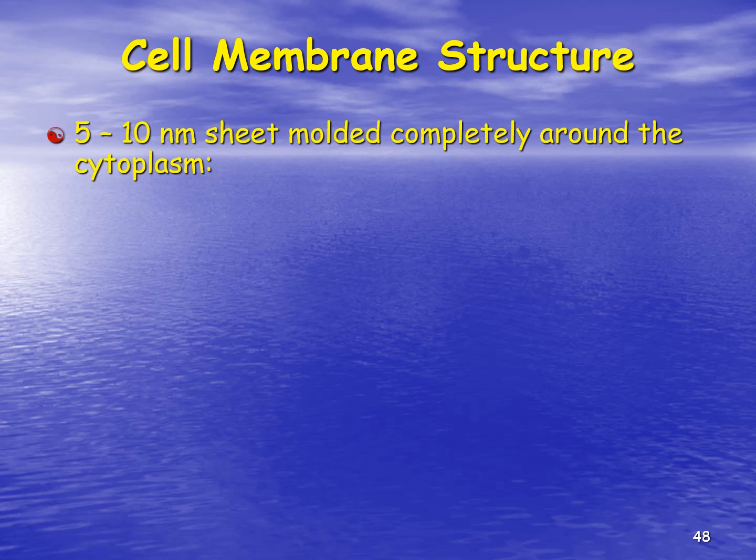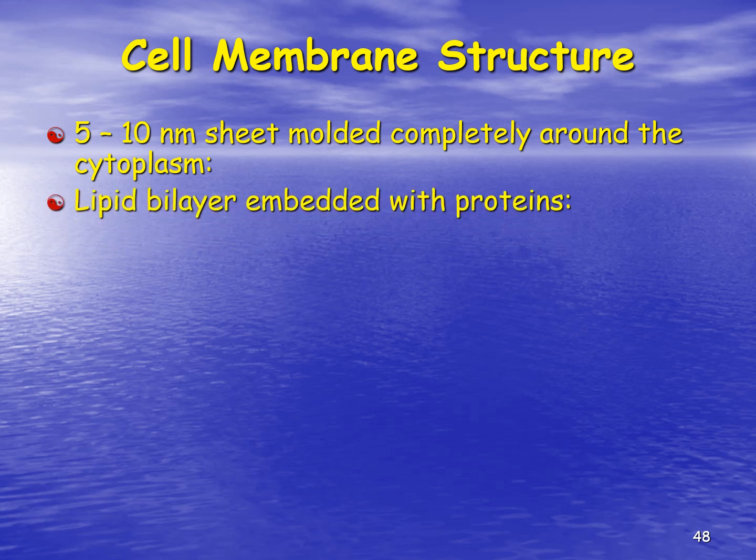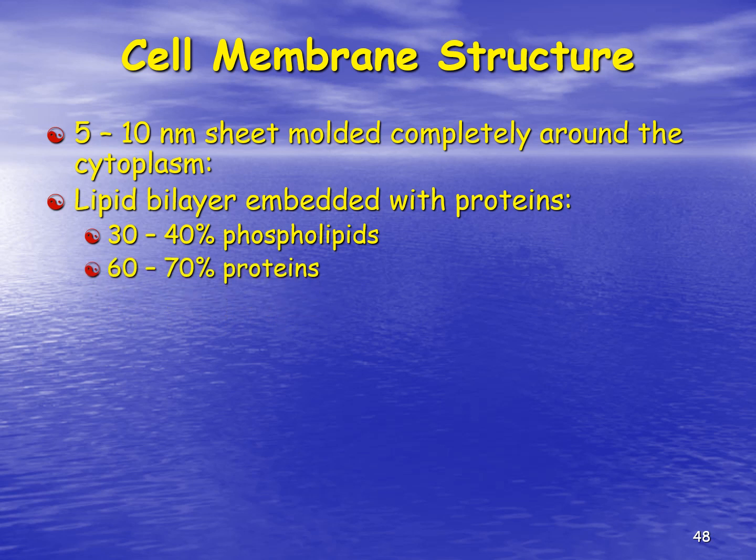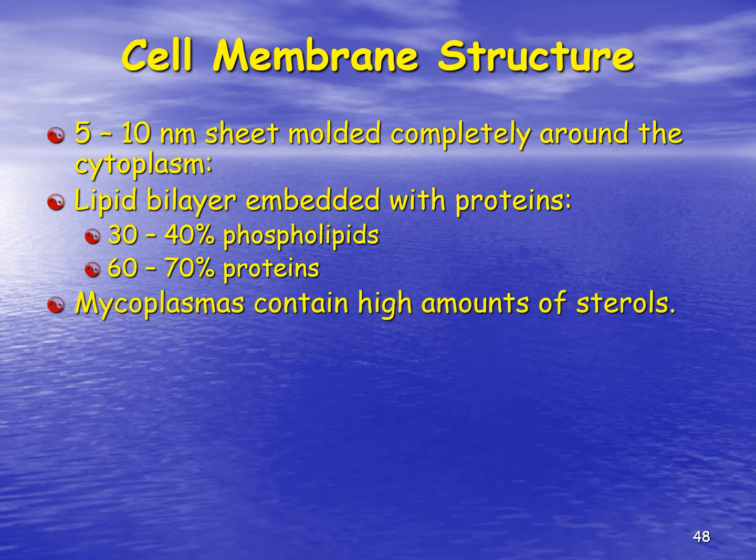The cell membrane itself is very similar to the eukaryotic cell membrane. About a 5 to 10 nanometer sheet molded completely around the cytoplasm, made up of the bilayer of phospholipids that have then proteins embedded. About 30 to 40% of the entire cell membrane is made up of the bilayer phospholipids, and another 60 to 70% are actually proteins that can act as primarily transport channels or stability proteins.